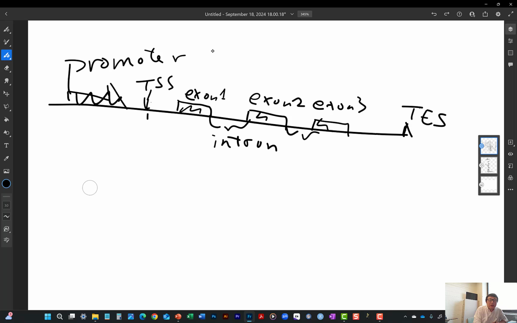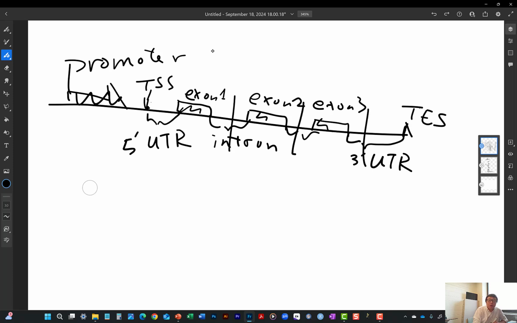From the TSS to the first exon, this is called the 5' UTR. UTR stands for untranslated region, and this is the 3' UTR. At the beginning, from here to here, everything is transcribed. For a mature mRNA, the introns are removed from the transcript.